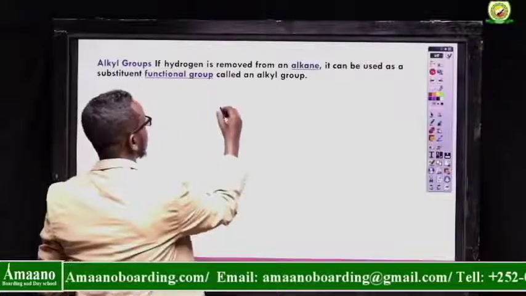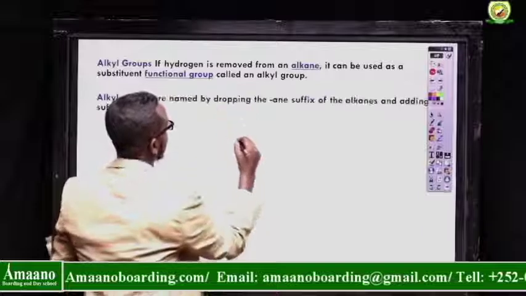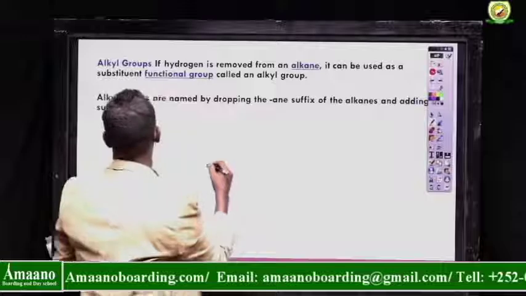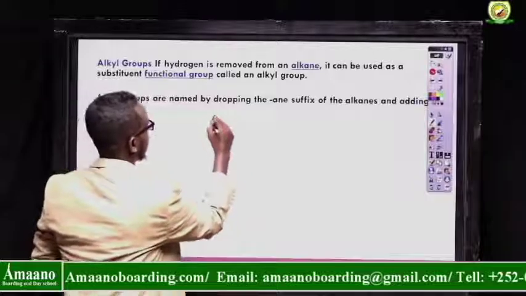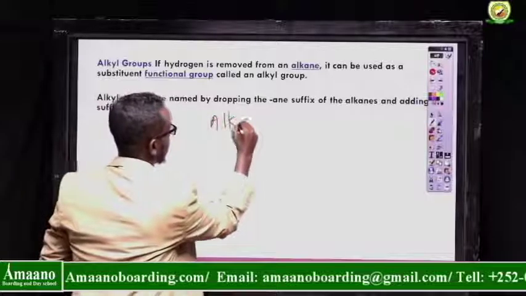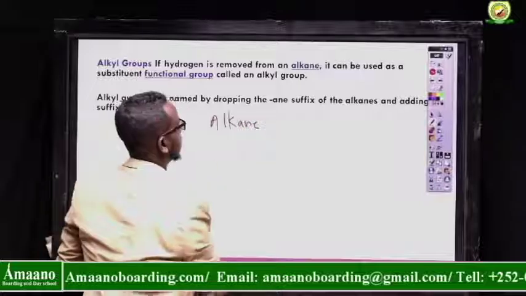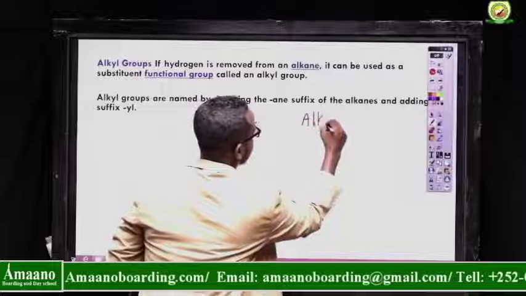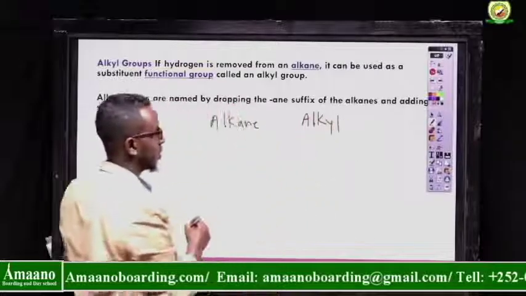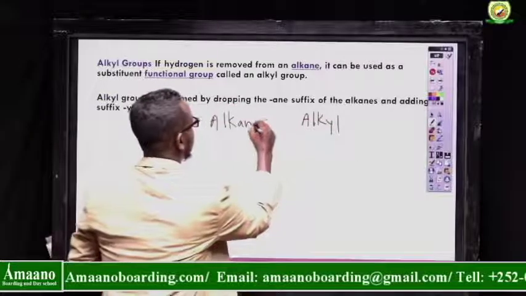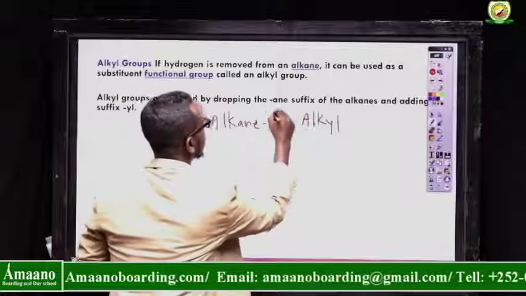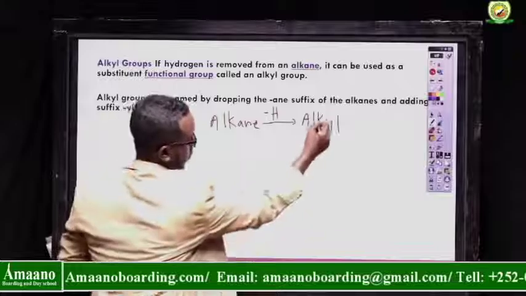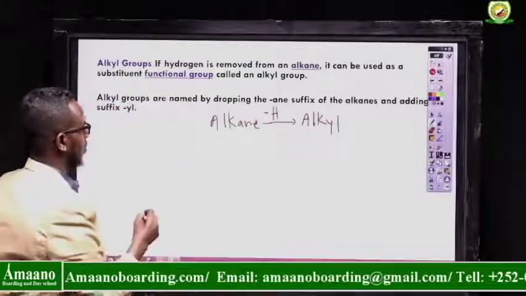For example, this is alkane. Again, this is alkyl. If you remove a single hydrogen from an alkane, it will become alkyl.